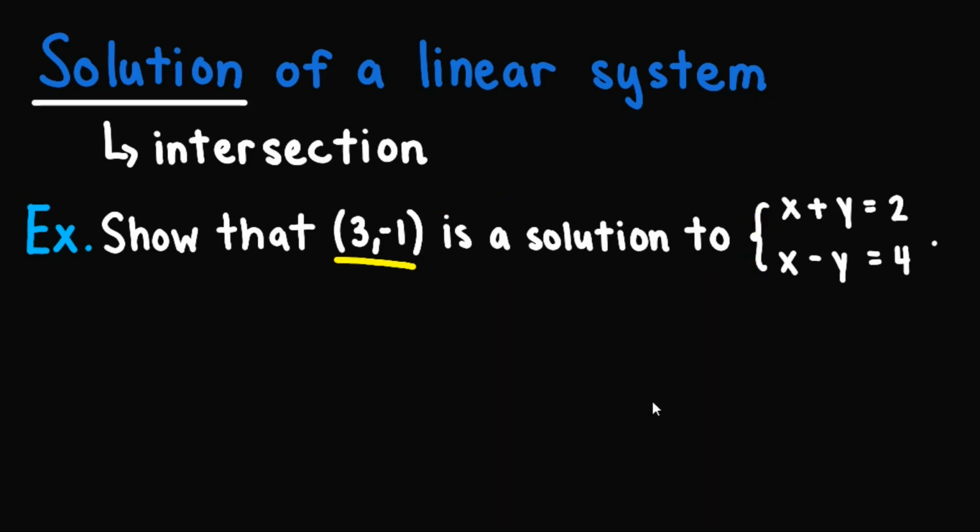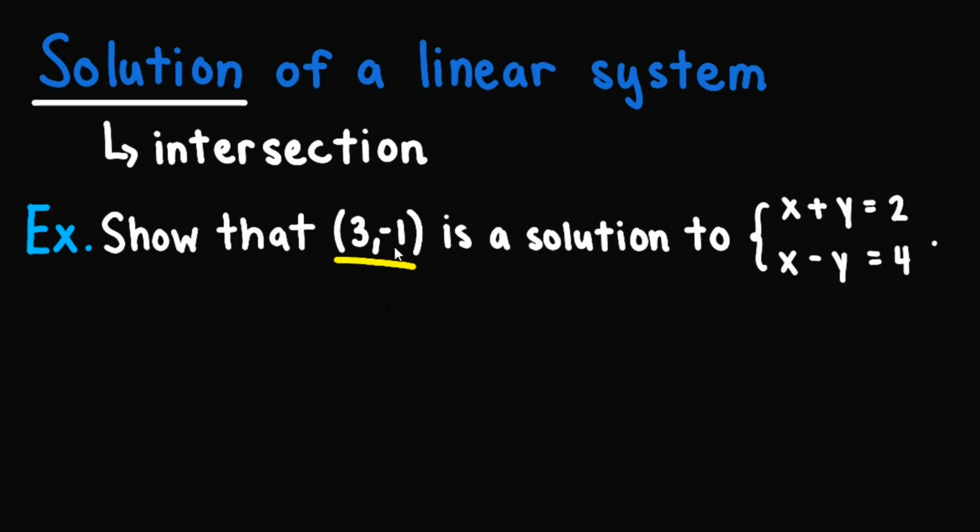We need to show that this point is valid for each equation. When we show that this is true, this means that these lines pass through (3, -1). So therefore, they intersect at that point, which makes this point a solution. So that is the idea that we'll be using.